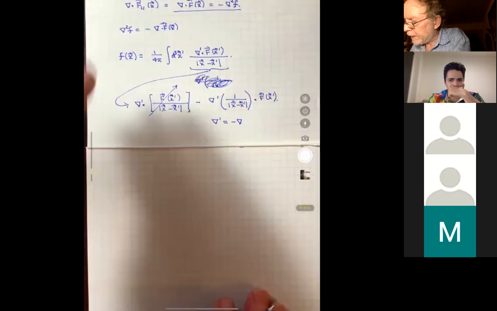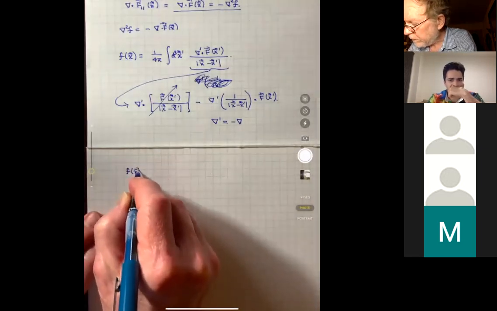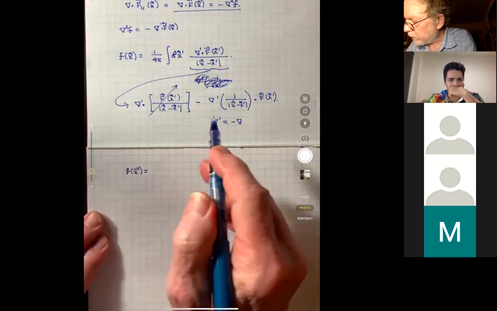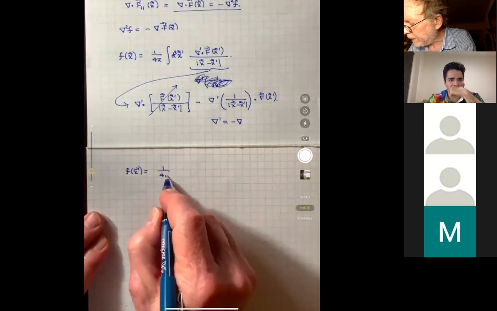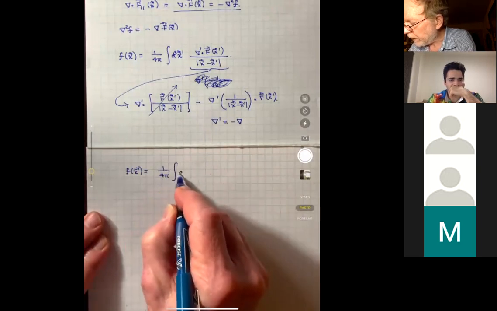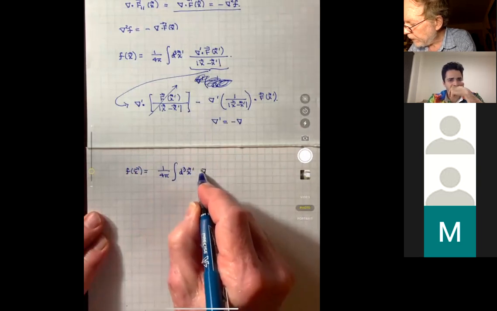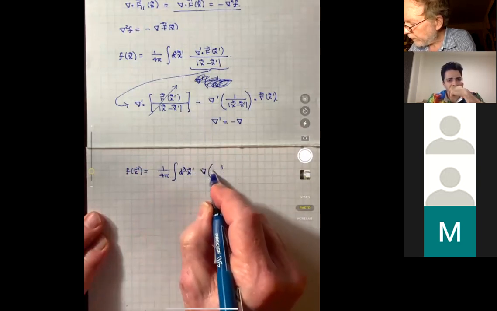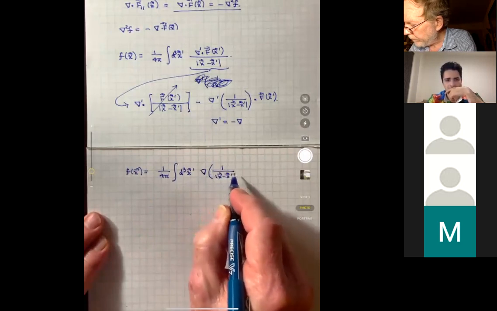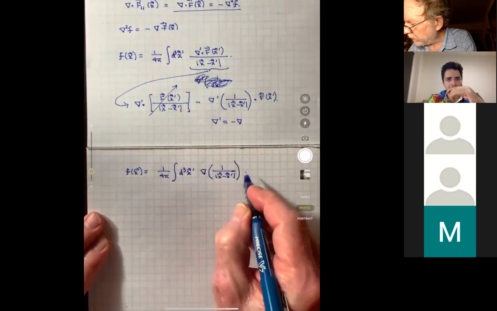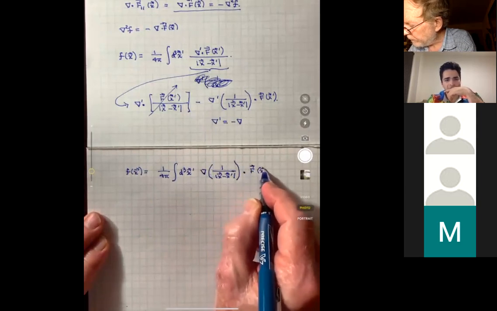What I get is an expression for the scalar f of x, which is equal to, these two minus signs will cancel, so I get an overall plus 1 over 4 pi. Signs are tricky here, I hope I do it right. Integral d cubed x prime. And then I have the unprimed gradient of the Coulomb denominator. That's, of course, like an electric field, dotted into f of x prime.